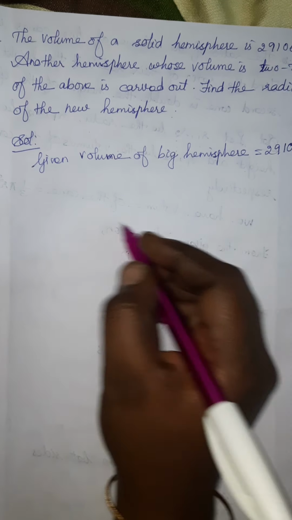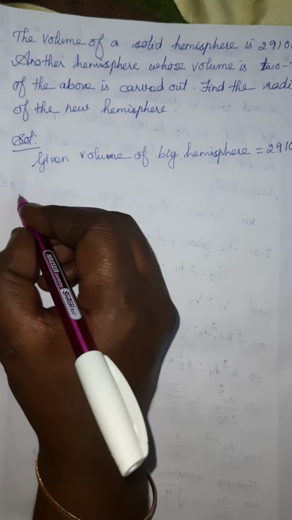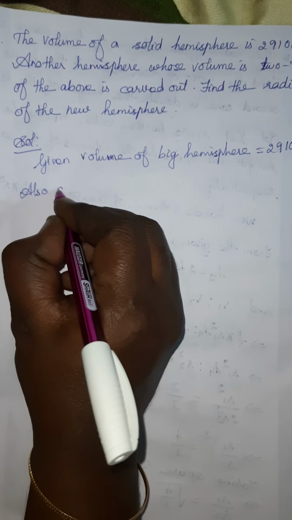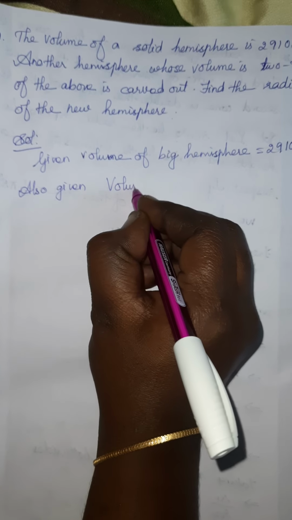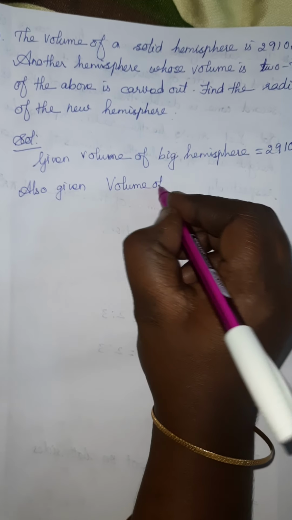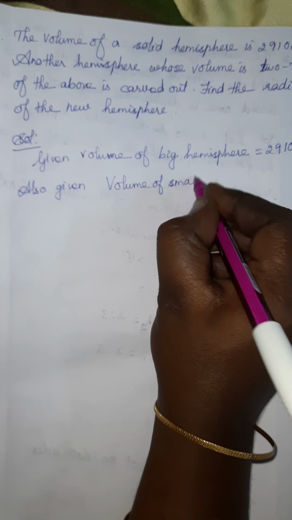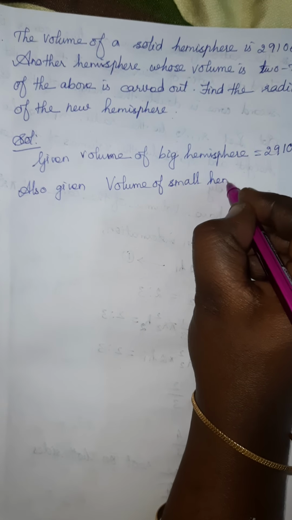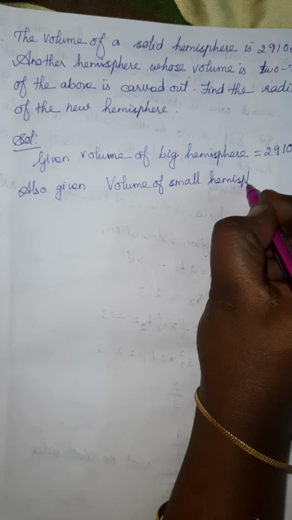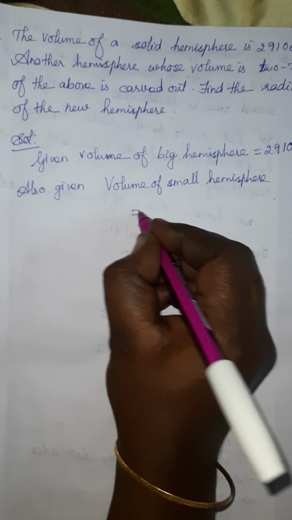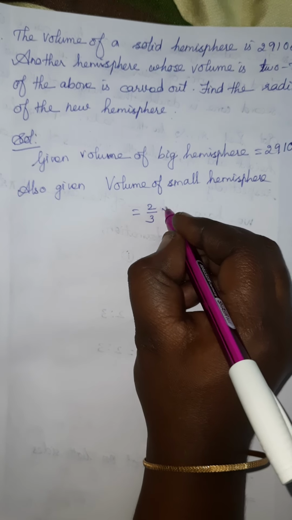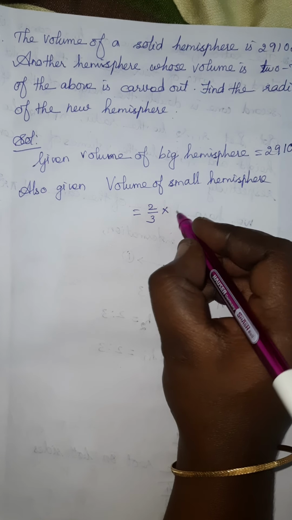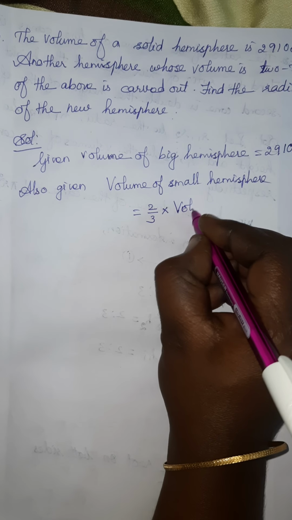Also given information: volume of small hemisphere is two-thirds, that means 2 by 3 of, which means multiplication, volume of big hemisphere.